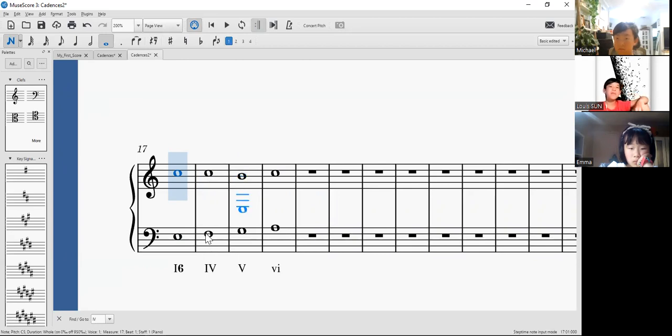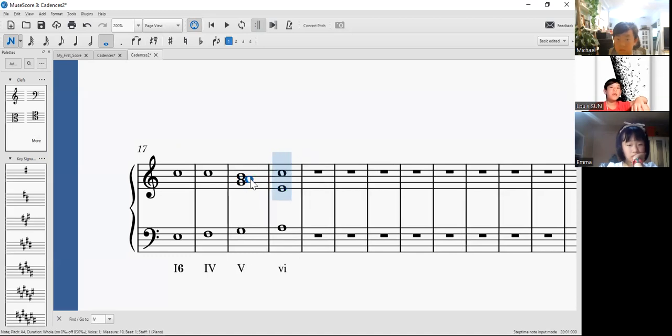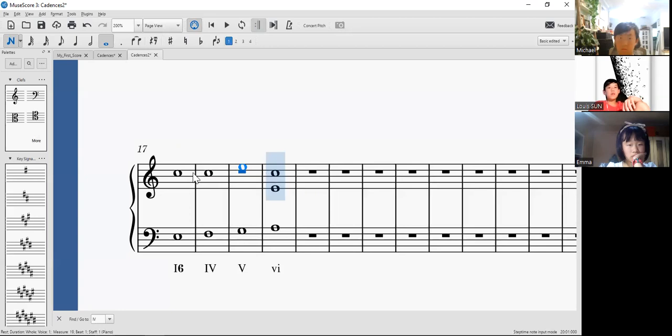But it would have been nice if we could have executed some sort of contrary motion, which we could have if we did it like this. That's moving contrary motion, but there is something that's a sort of a no-no in this example, and that is right here.